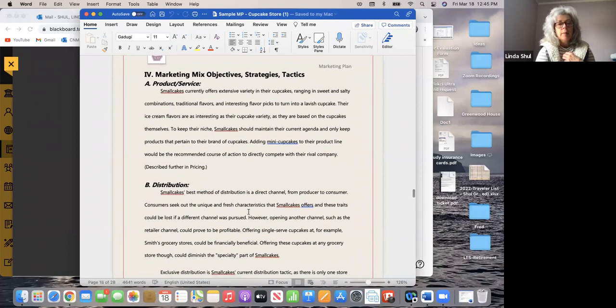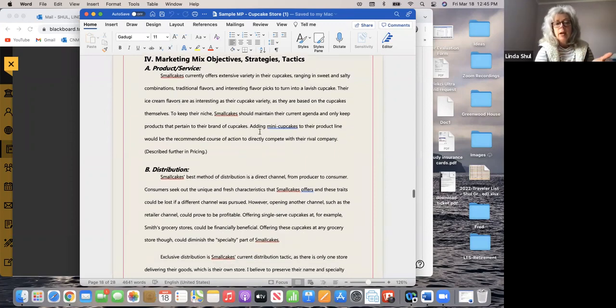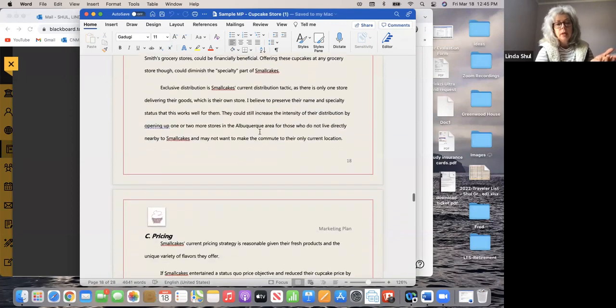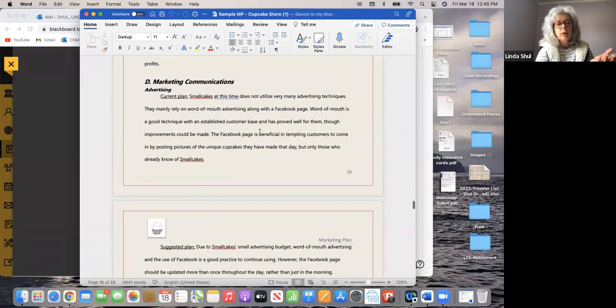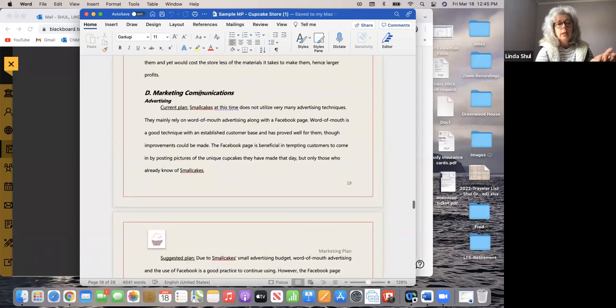Okay. Then product, this is where I think this marketing plan could have been better. They have currently, and then they had suggested items, but they didn't differentiate or put subtitles, and they didn't describe it as much as I would have liked, but they got the job done. Pricing is a little bit longer, and then you can see in communications, and we will study this.